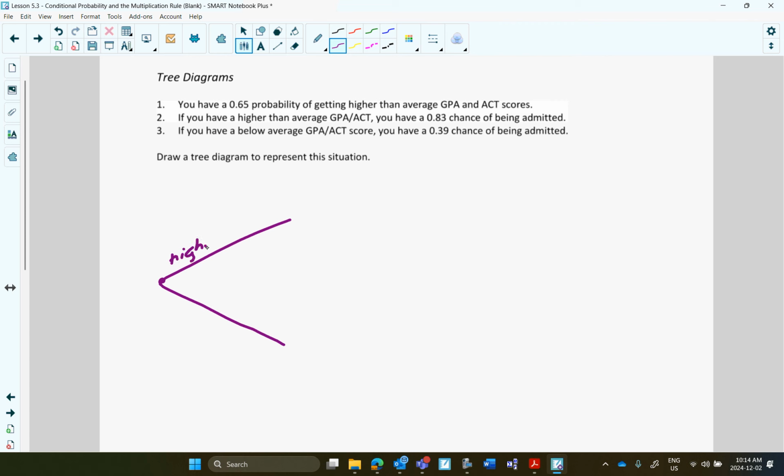Higher than average. Lower. And let's put our probabilities in. So we're talking about getting admitted to some university or college in the States.